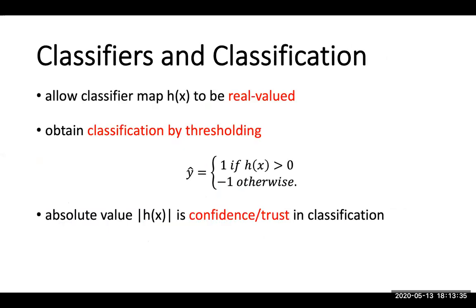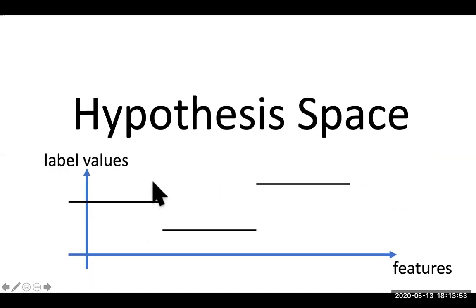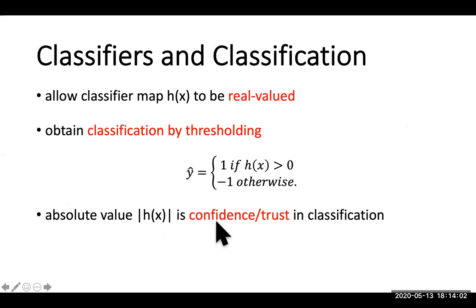Yeah, and what might be a bit confusing at first sight, but makes very much sense when you start using classification methods, is that we allow classifiers to be real valued. So we typically construct classifiers not like shown here, that they take on only the label values like +1 or -1, but we construct classifier maps that can be real valued, any real number.